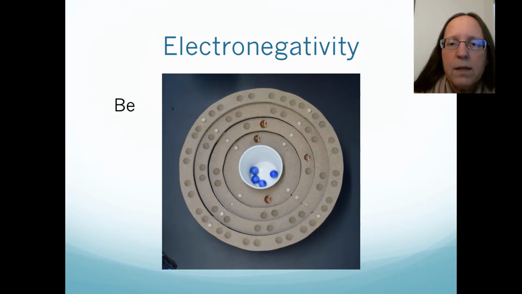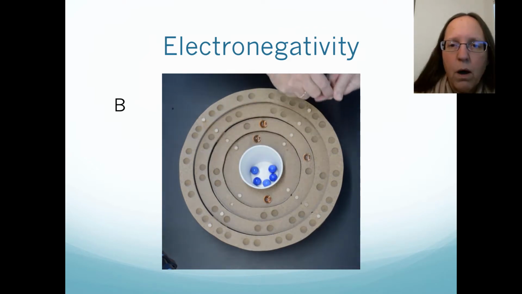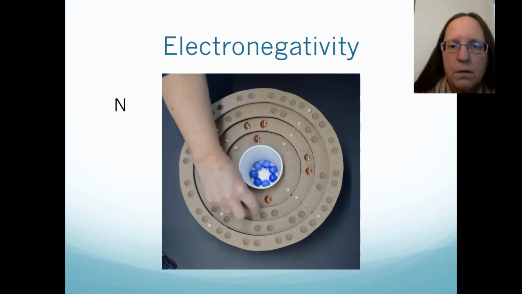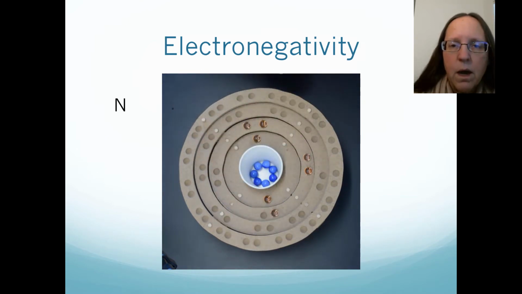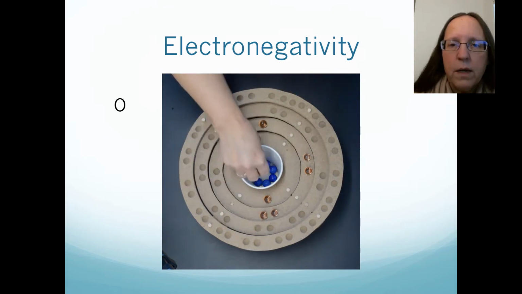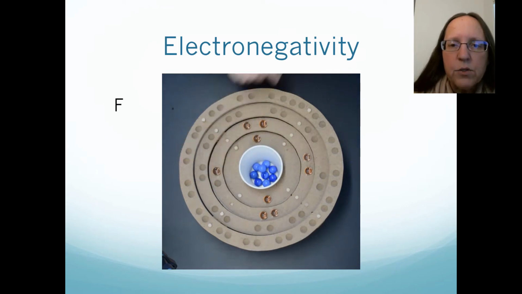Similarly, the valence electrons of boron, carbon, nitrogen, oxygen, and fluorine each feel stronger and stronger pulls from the nucleus because the number of core electrons does not change, but the number of protons increases.